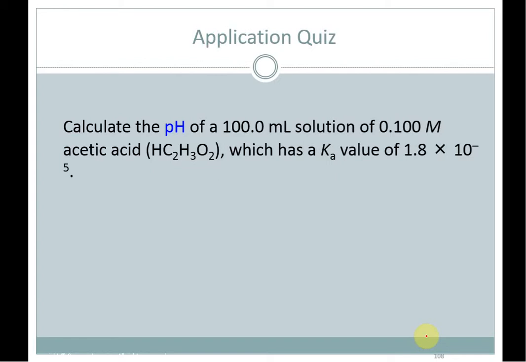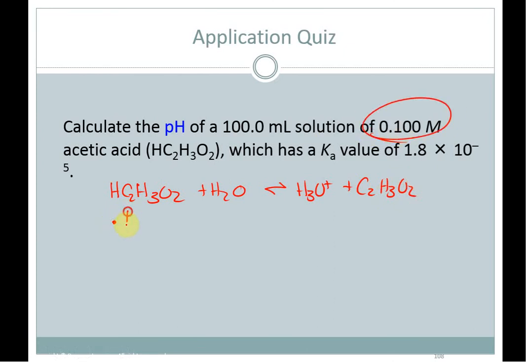So here we have a solution that is acetic acid, HC2H3O2, in water, which will ionize somewhat to give the hydronium ion and the acetate ion. We have the concentration of this.